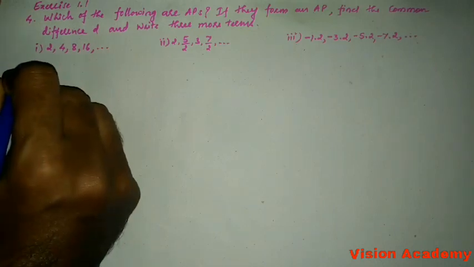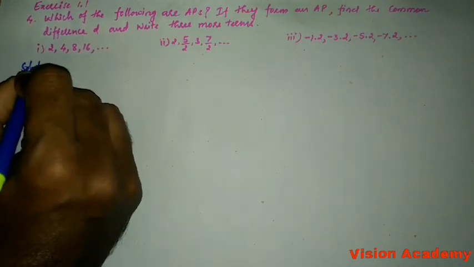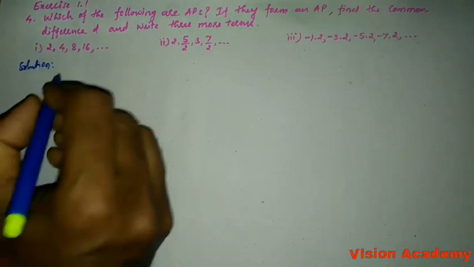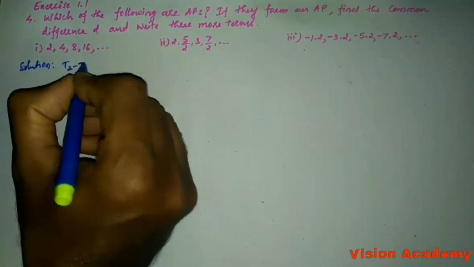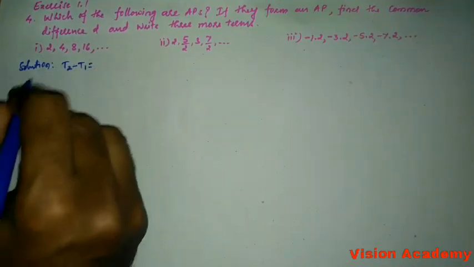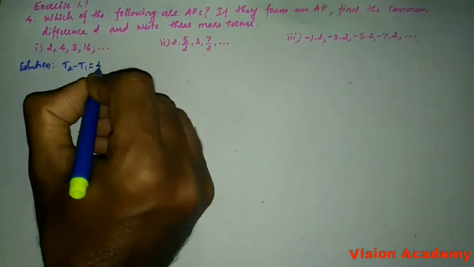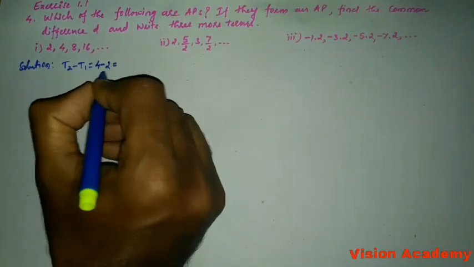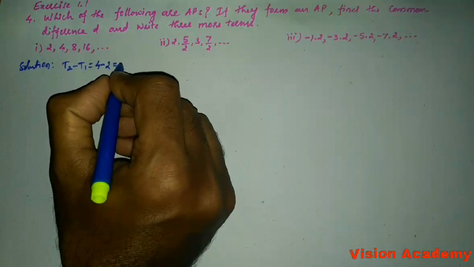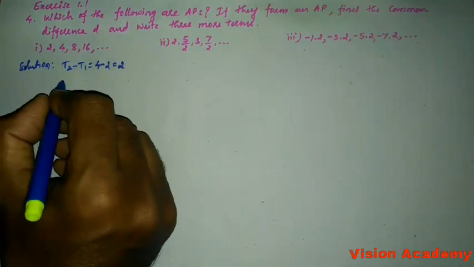So let us find the solution for the given problem. Here we will write T2 minus T1 is equal to, the second term is 4 minus T1, the first term, that is 2, which gives me 4 minus 2 is 2.